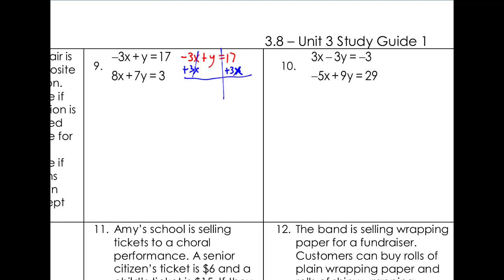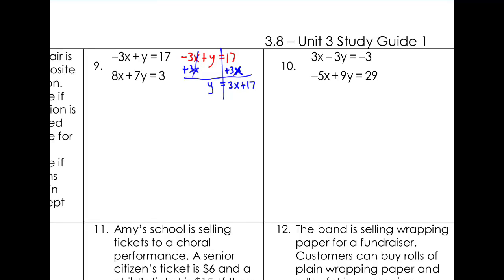Okay, so that'll leave us with y on this side, and then a 3x plus a 17. Okay, and so once we have that, we have it solved for y here. So now we can just plug y in over here to solve for x.